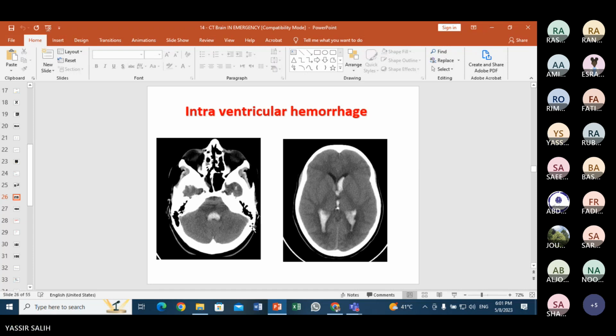So where is the blood in this one? Intraventricular. In which ventricles? Lateral. Lateral and what is this? Oh, third ventricle. And this is the blood in which one?